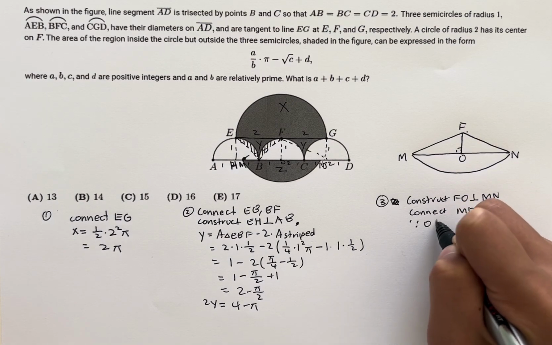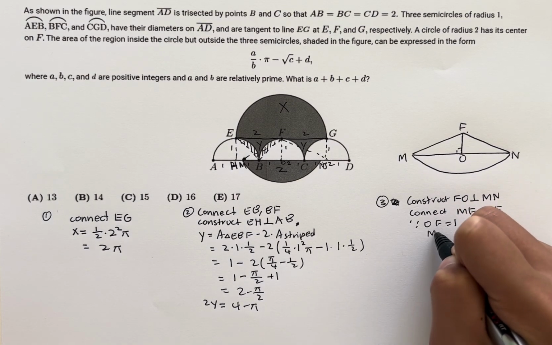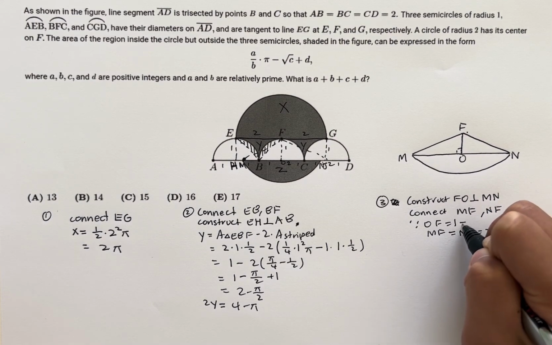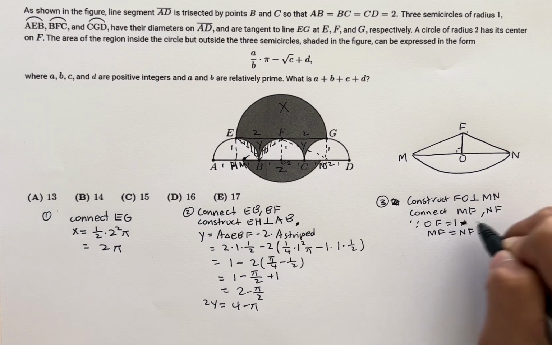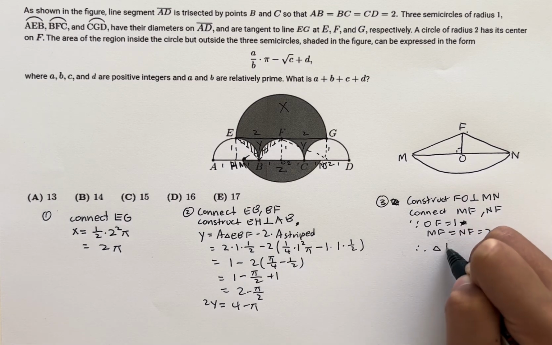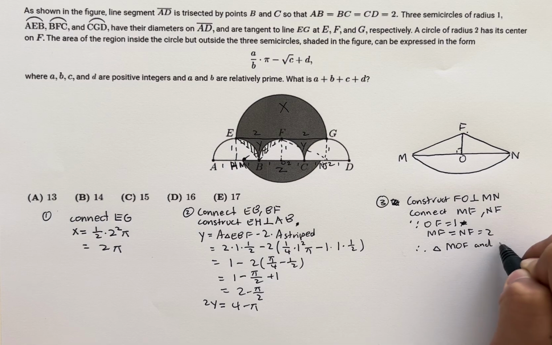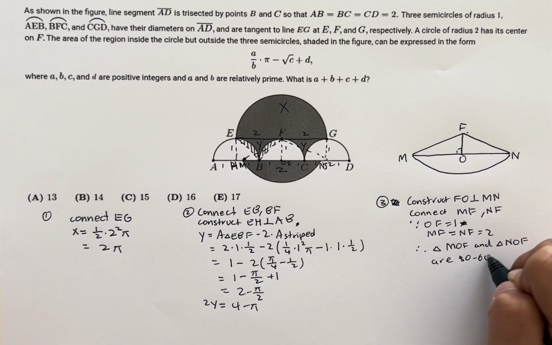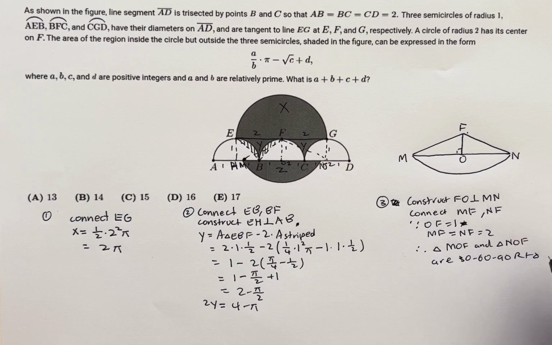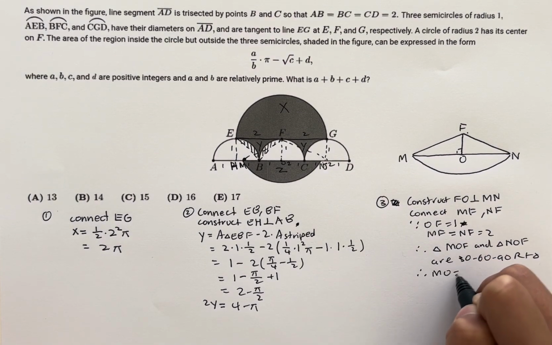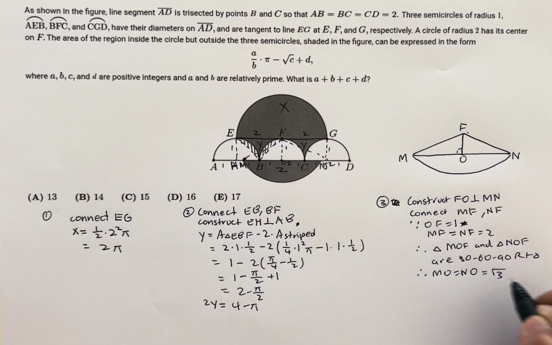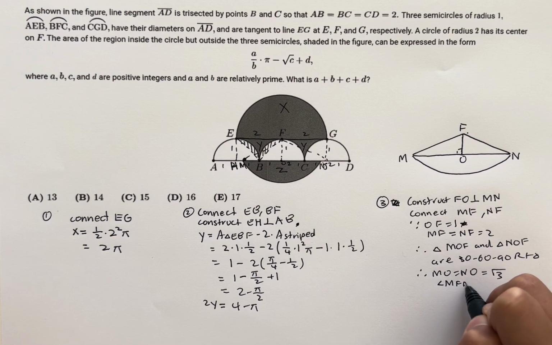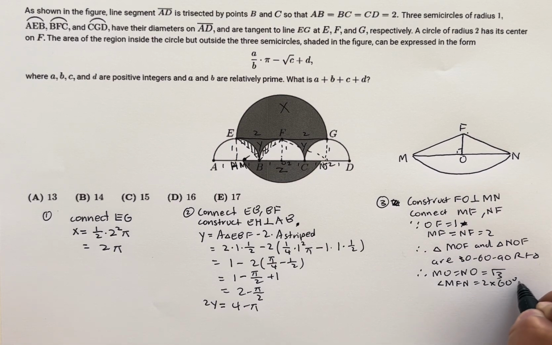Since OF equals 1, MF equals 2, NF equals 2, triangle MOF and triangle NOF are 30, 60, 90 right triangles. So MO equals NO equals square root 3. And angle MFN equals 2 times 60 degrees, 120 degrees.